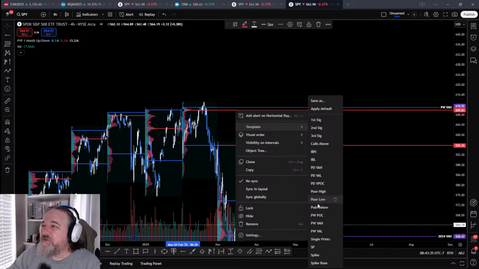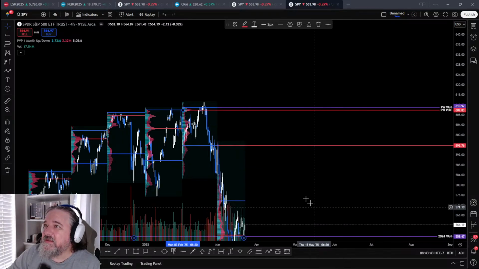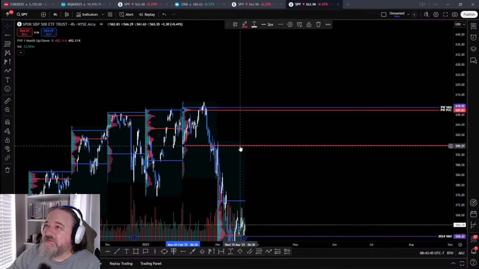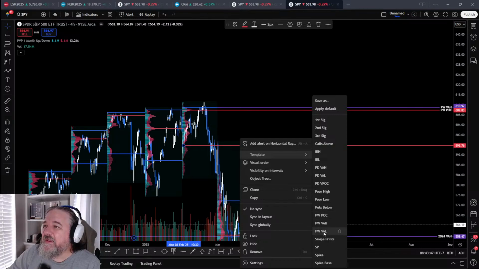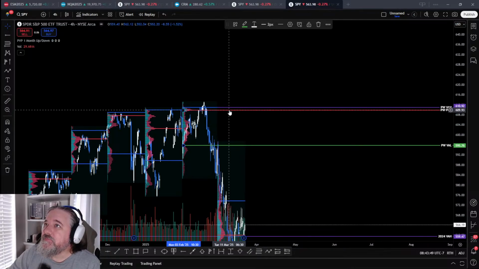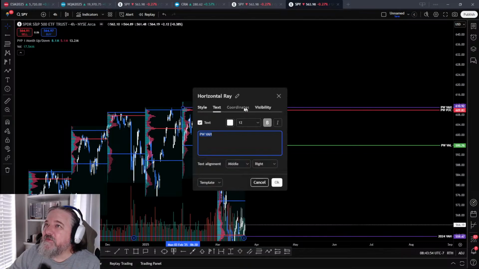And then all of my stuff, you can see I have templates saved and they're color coded. You don't have to do that, but color coding it makes it easier for me to, at a glance, know what I'm looking at. And then this is going to be my February levels.